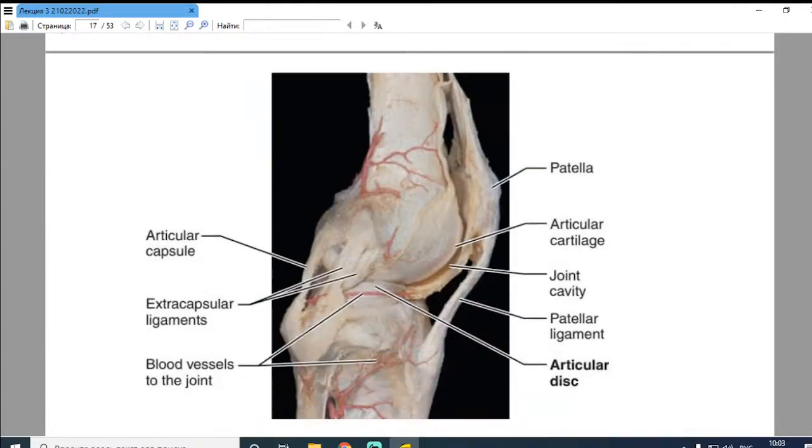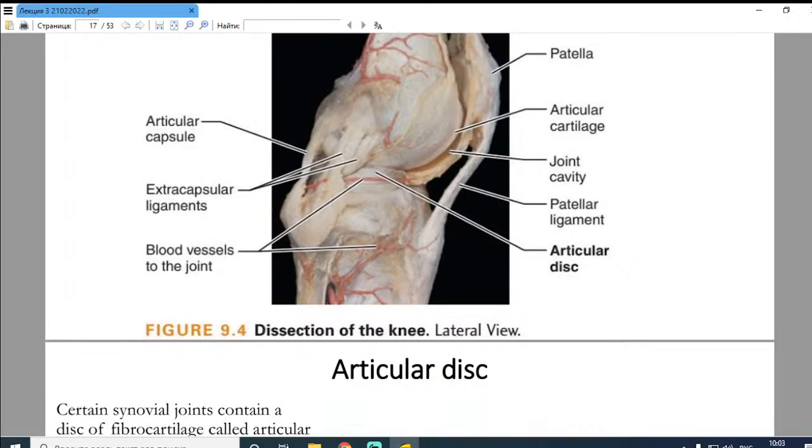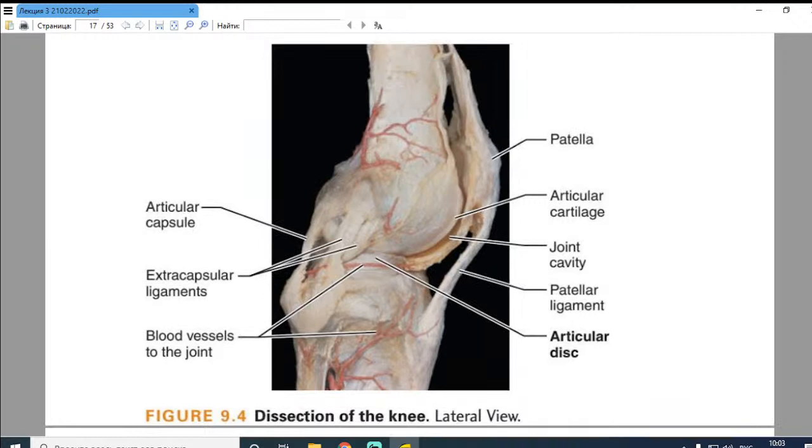Example, the knee. This is a section of the knee. What you see: femur. This is the articular capsule.